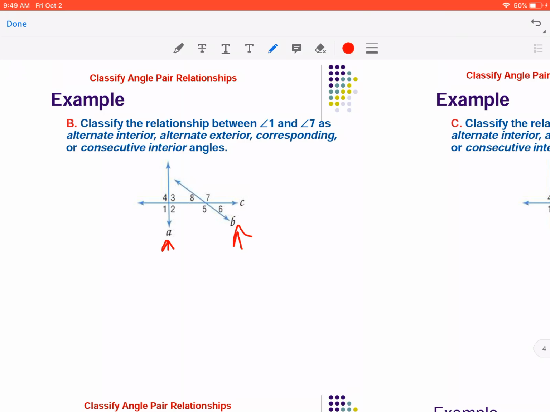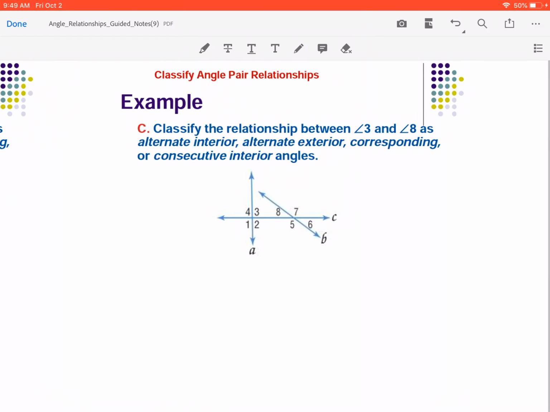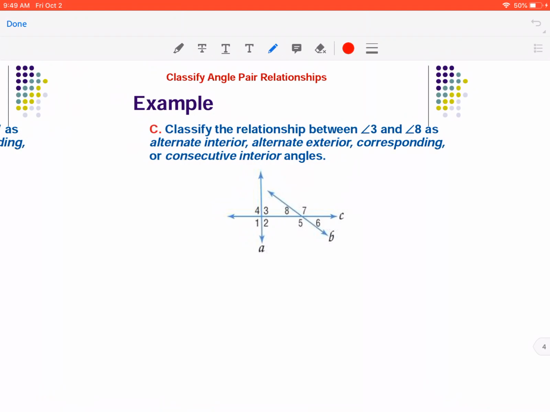They're both on the exterior, and it looks like they're on opposite sides of this transversal. So for 1 and 7, it should be alternate exterior. If you want to abbreviate it, you can. And again, all you're really going to do today is just identify.